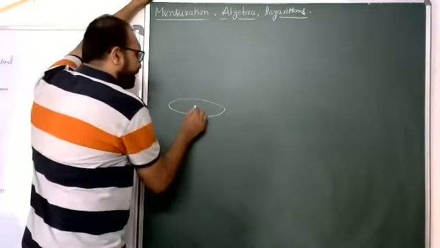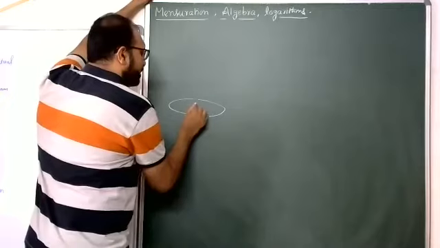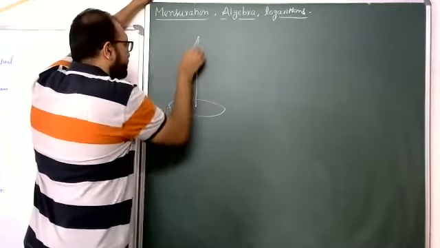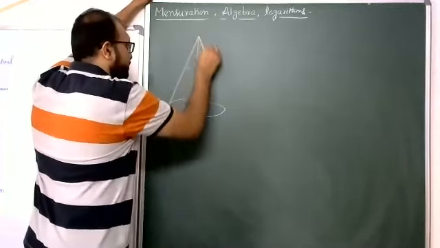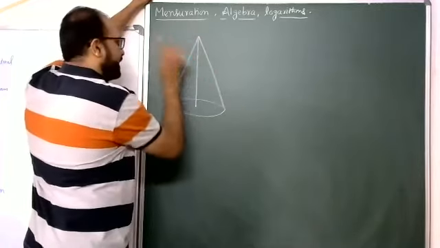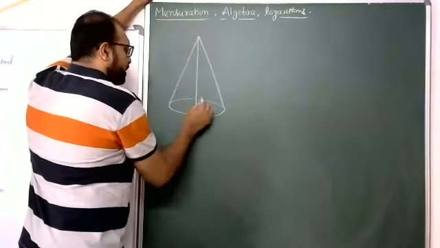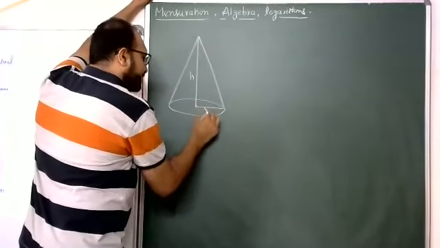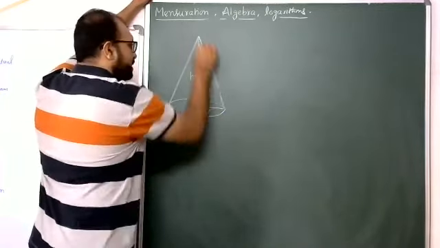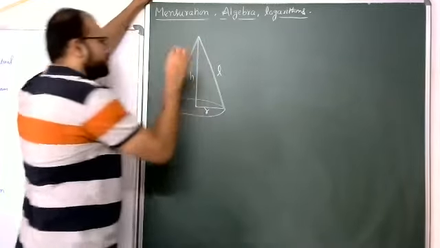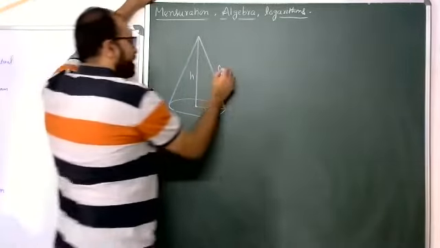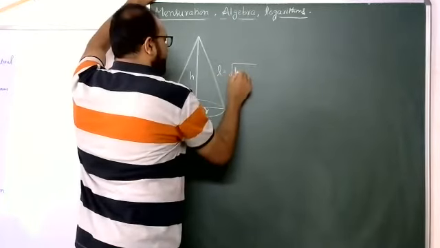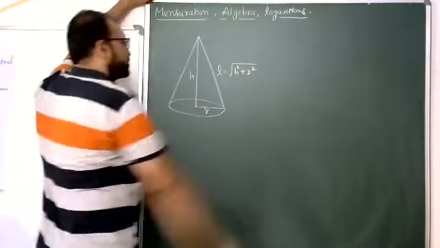So this is circle, this is the base. Complete, now it is the cone, perpendicular height h, radius small r, this is lateral length small l. Students, all you know l equal to root over h square plus r square.